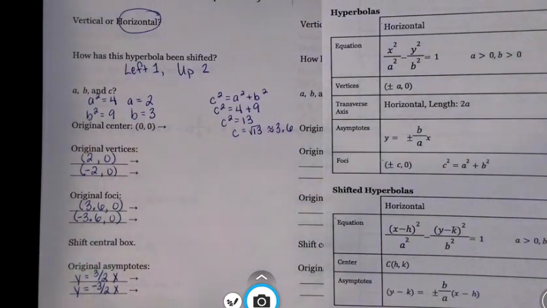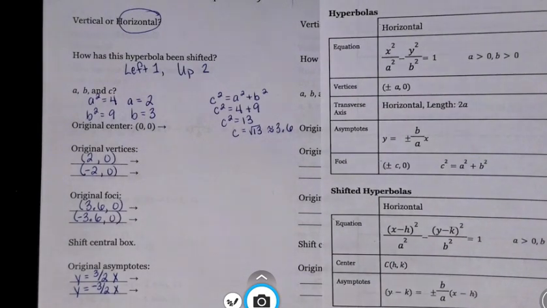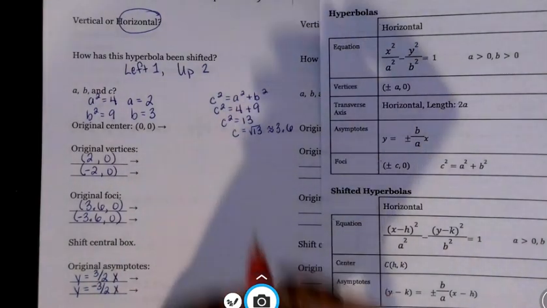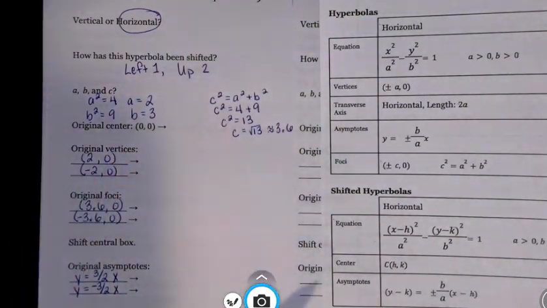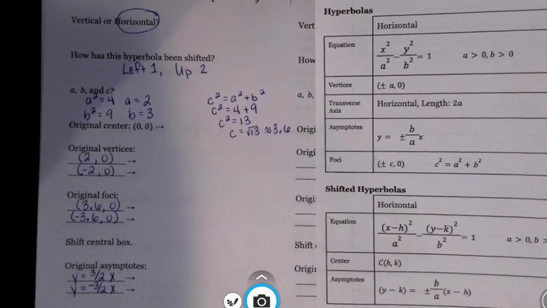It's a small space, so I had to write small. So now I'm going to shift everything, and then for the asymptotes, I'm going to use my formula sheet to write those.